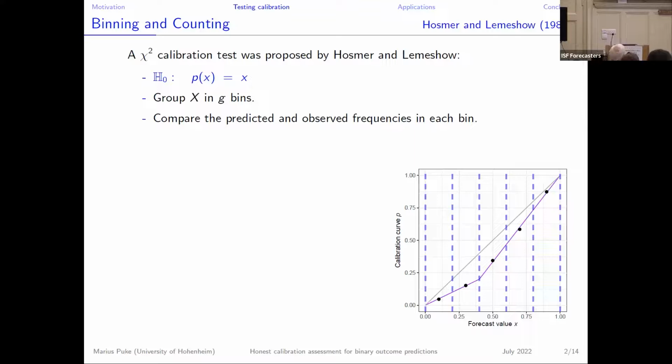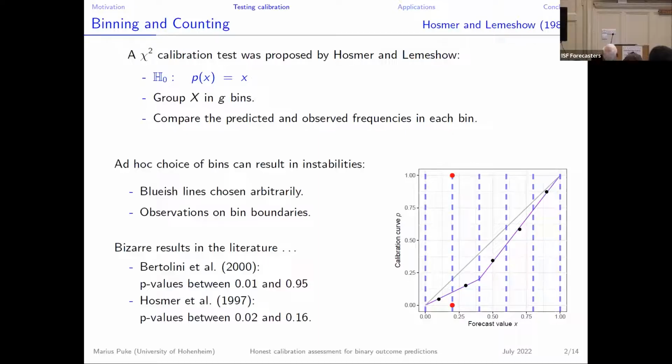One can then approximate that curve and construct a chi-squared calibration test by assessing whether we are significantly different from that straight line. One tests here for the null of perfect calibration. This is a famous goodness of fit test proposed by Hosmer and Lemeshow some years ago.